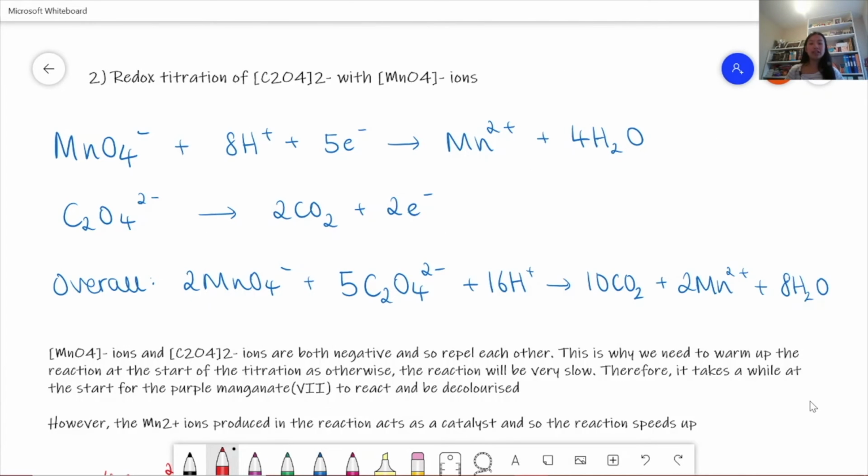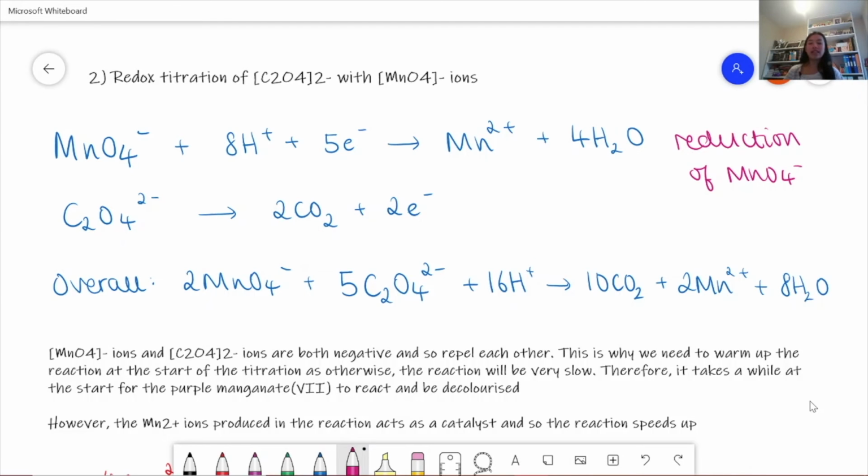So the other redox titration with manganate ions that you need to know is with these ethane dioate ions. And so what happens is, again, the manganate ions are reduced themselves to form Mn2+. And so this is where reduction occurs. We have reduction of the manganate ions.